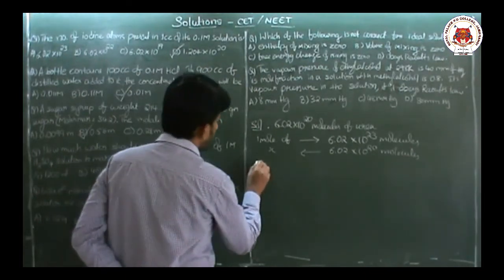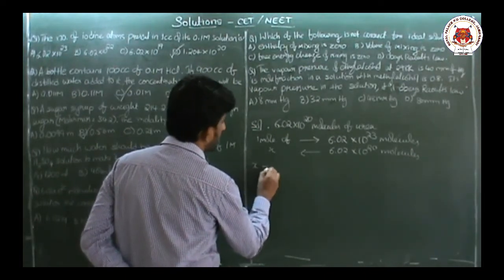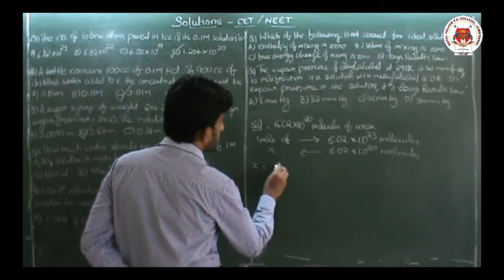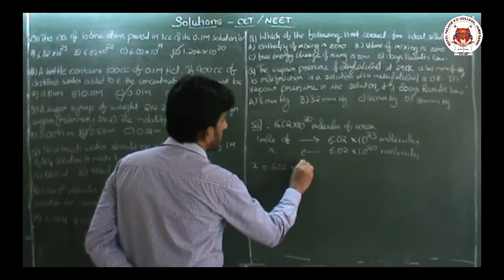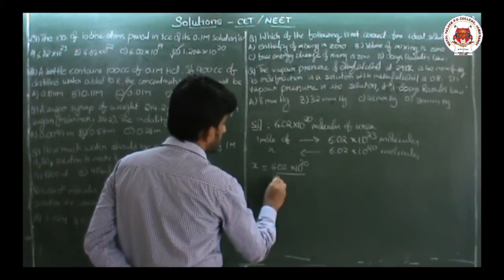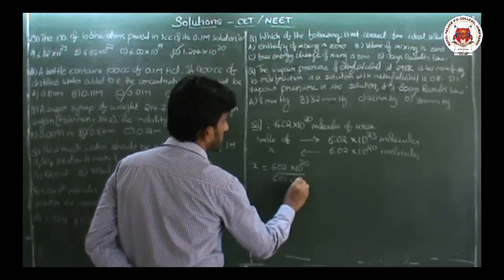So the number of moles x will be equal to 6.02 into 10 raised to 20 divided by 6.02 into 10 raised to 23.